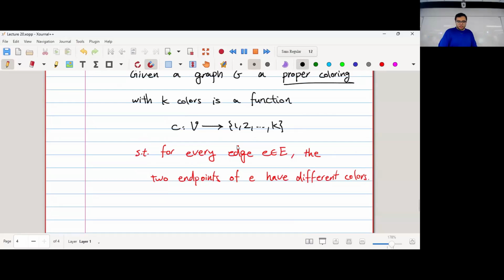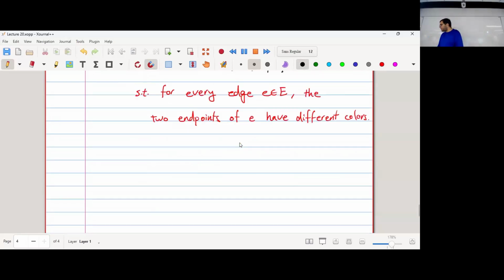Now, we can also define something called the chromatic number. The chromatic number of a graph is the minimum number of colors that we need in order to find a proper coloring. It's written like this.